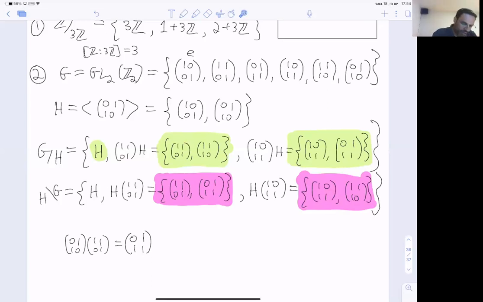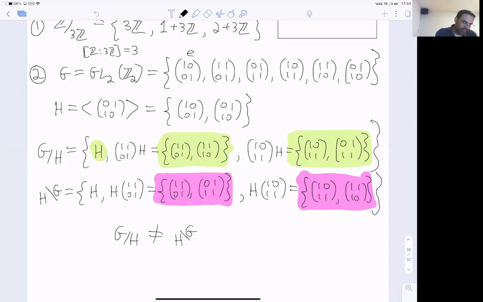So actually, you see that G modulo H is not equal to G modulo H. These are not the same elements.